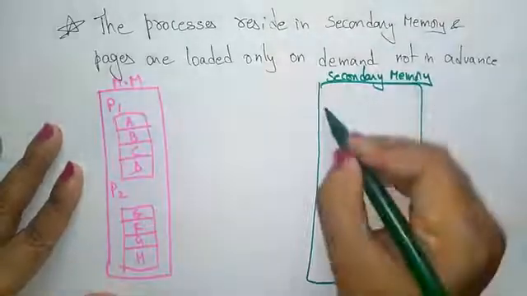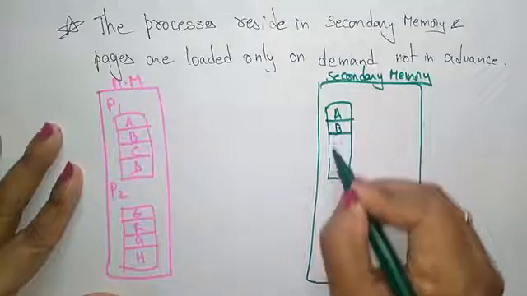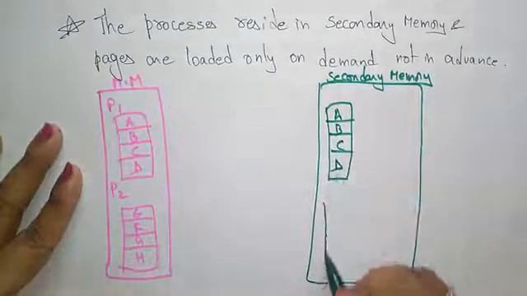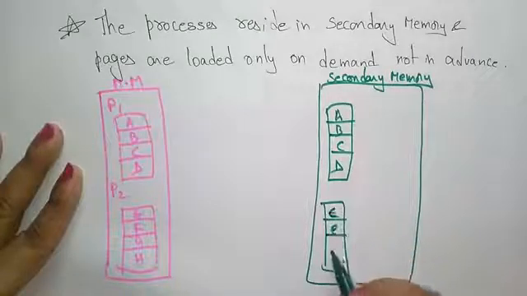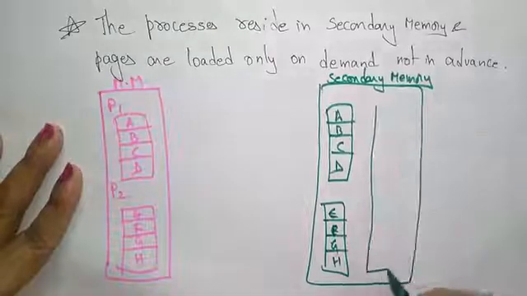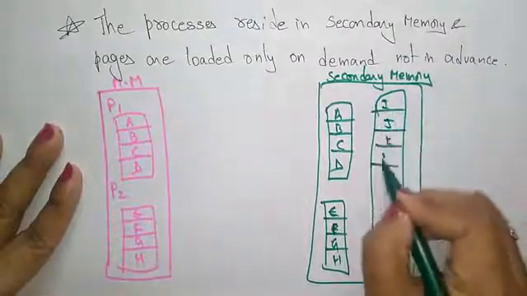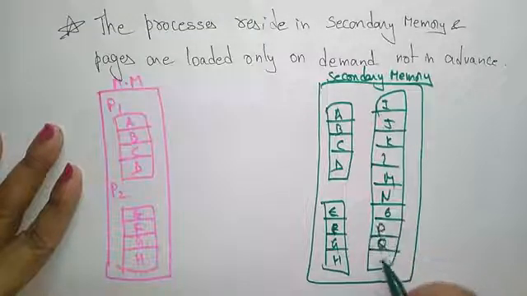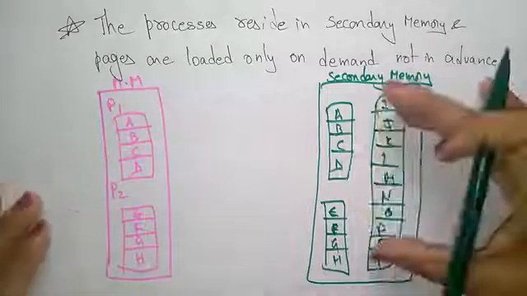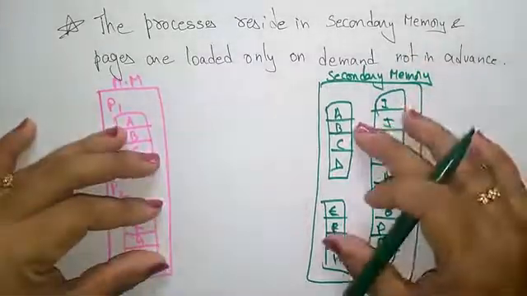The secondary memory consists of, suppose, A, B, C, D, E, F, G, H, I, J, K, L, M, N, O, P, Q, R. These are the pages present in the secondary memory and the main memory.